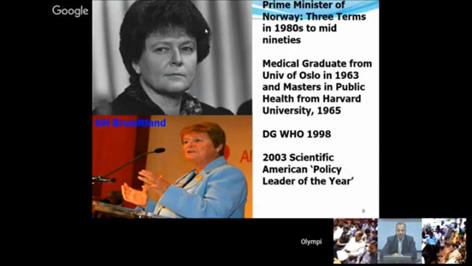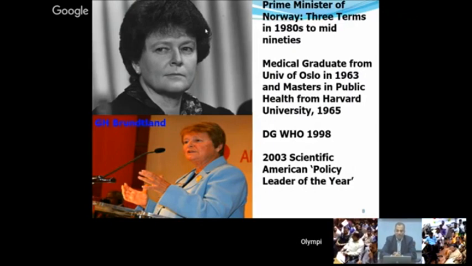Who were behind it? A leader like G.H. Brundtland, she was the Prime Minister of Norway. She was three times Prime Minister of Norway from 1980 to the mid 90s. And she was a medical graduate basically, initially.